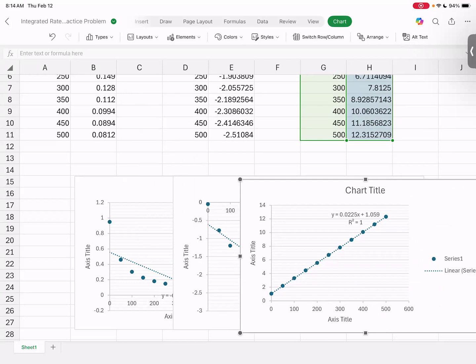So we know, because it has the best R squared, that this reaction is second order with respect to that component, because 1 over A gave you the best R squared.